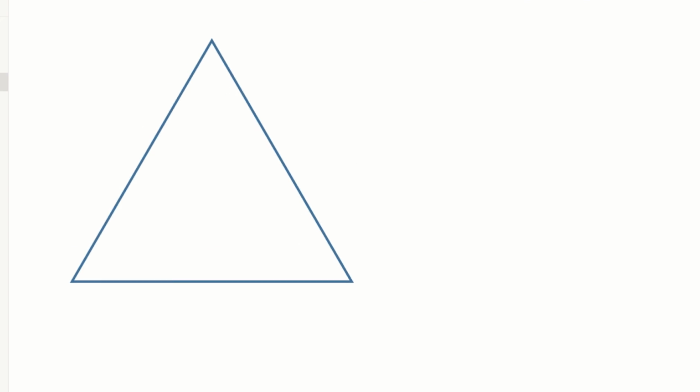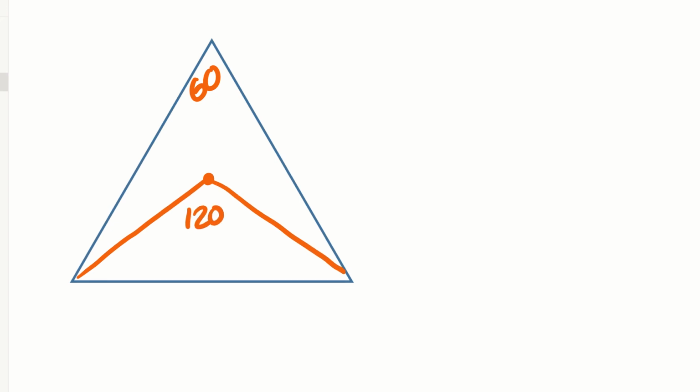All right, so looking at our triangle, we know that the degrees inside of our triangle are 60, 60 and 60, and my central angle would be 360 divided by 3, which is 120 degrees.